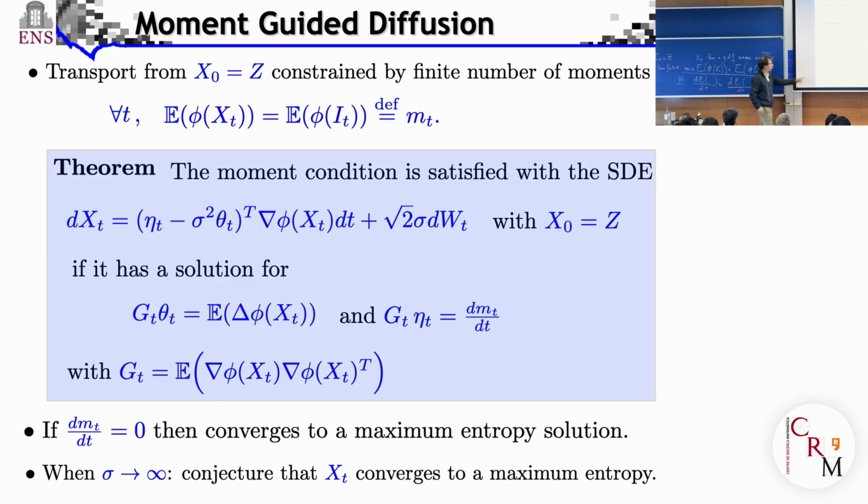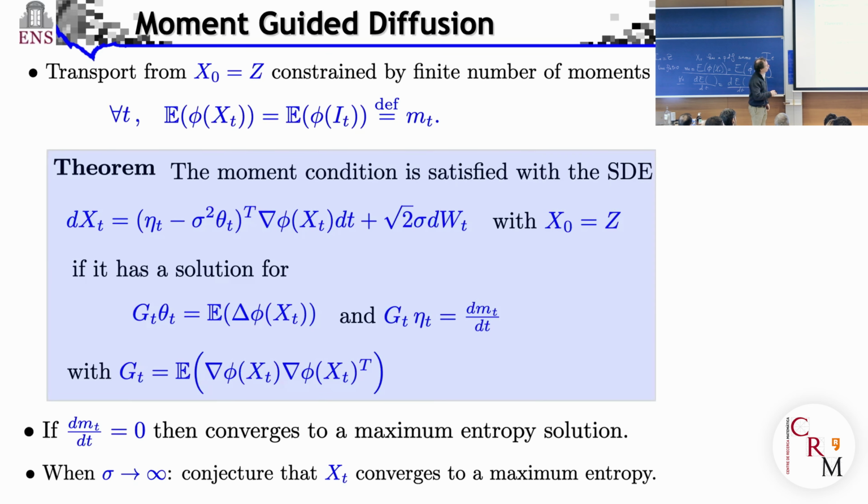So if the moments don't move, then you can guarantee that the system of equations has a solution and converges to the maximum entropy solution when sigma increases. In general, for a fixed sigma, what this theorem tells you is that you are going to have the appropriate moments, but you are not guaranteed to have a maximum entropy solution.